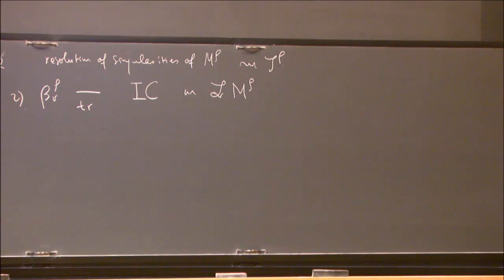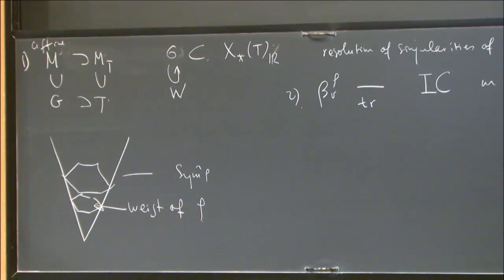What is the resolution of singularity? I'm just saying that first of all, you can construct a monoid. The functions should be functions on the monoid, with some mysterious boundary conditions that should correspond to Beilinson-Drinfeld calculation somehow. You can resolve the toric variety, so somehow you construct your resolution from the toric variety.